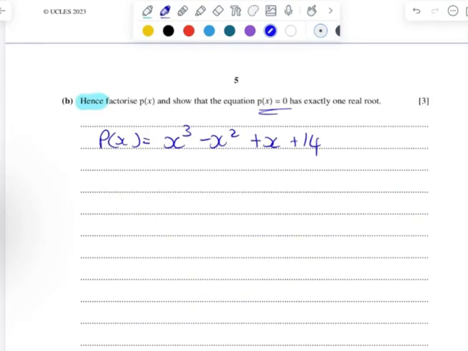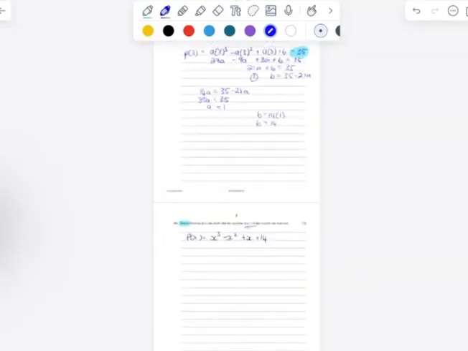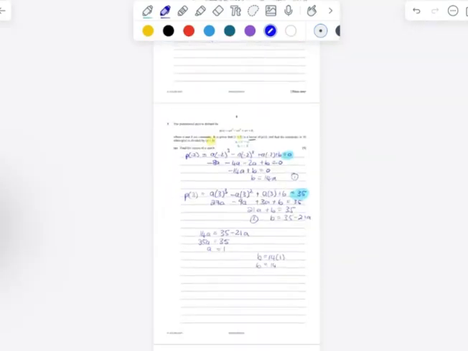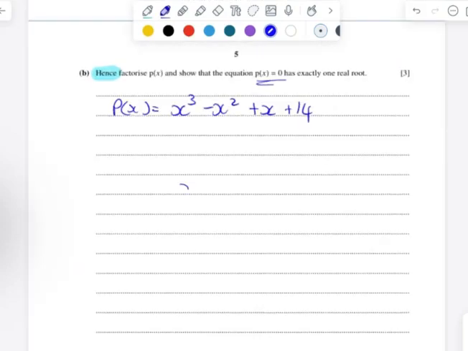Now if we're going to factorize this, the first thing that we need to do is use the factor that they gave us. They told us that x plus 2 is a factor. So I know that this thing is divisible by x plus 2. It's not going to have any remainder.